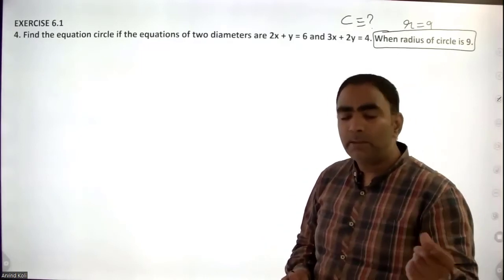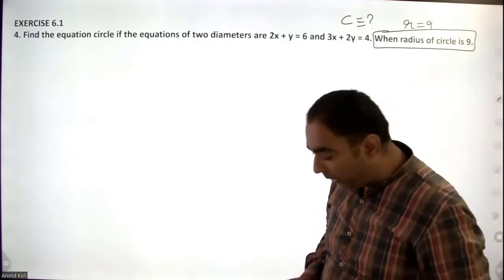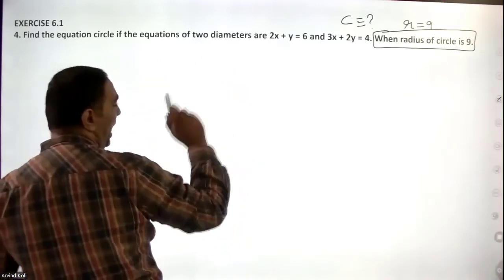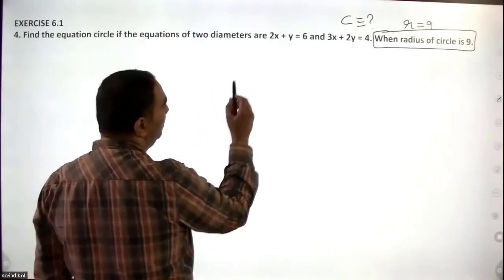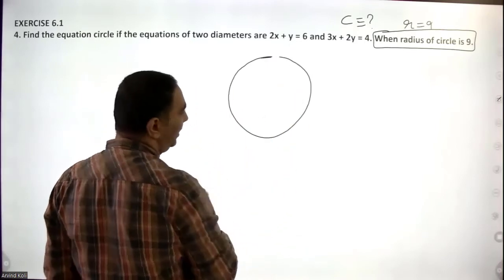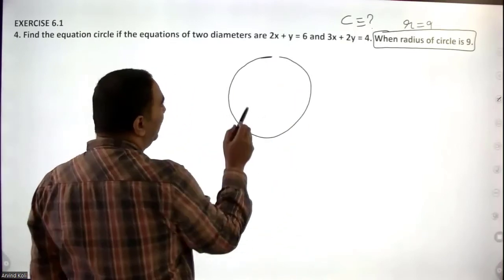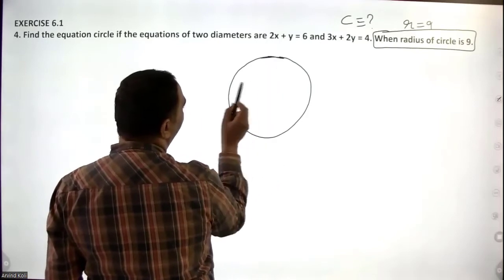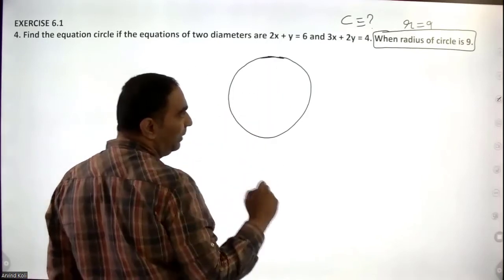Now how are we going to calculate the center over here? We are given the two diameters, correct? Students understand, for a circle, okay, let's say this is that beautiful circle. Now let me draw the two diameters.